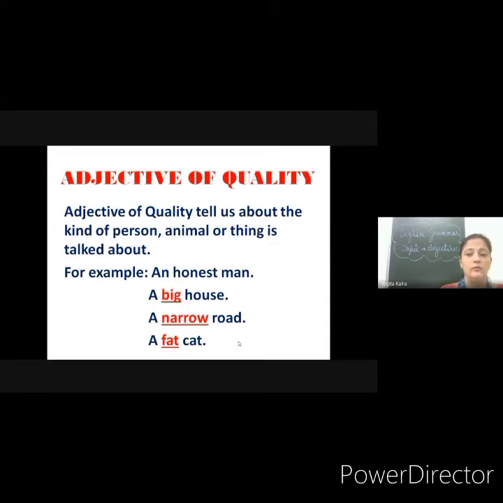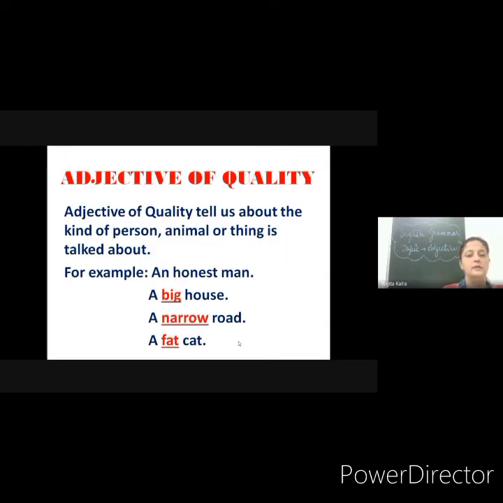Now the adjective of quality. Adjectives of quality tell us about the kind of person, animal or thing that is talked about. For example, an honest man. Here, the word honest is an adjective of quality because it is describing the man. A big house. Now, big is an adjective of quality.